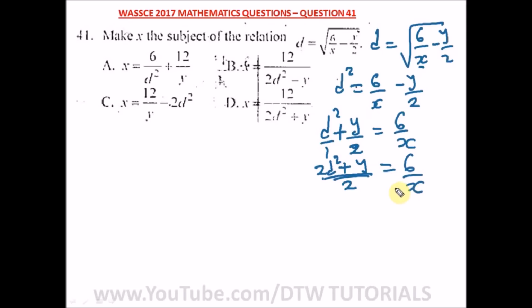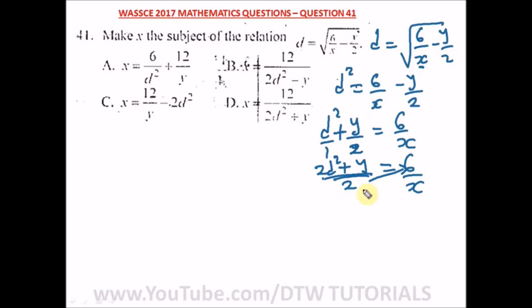To make x stand alone, we'll just cross multiply. Take 2 to 6 and take x here and bring this whole value down. It's as easy as that. I hope you understand me.